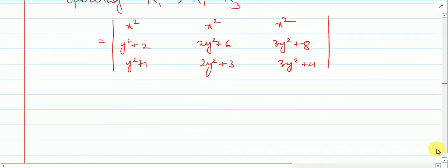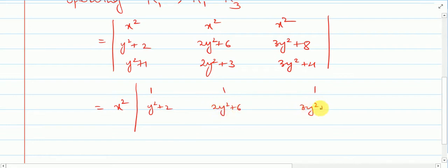Done till here. X square is common from the first row, so you got that. Now 1, 1, 1, y square plus 2, 2y square plus 6, 3y square plus 8, y square plus 1, 2y square plus 3, and 3y square plus 4.